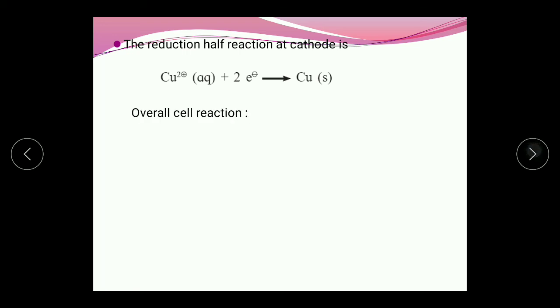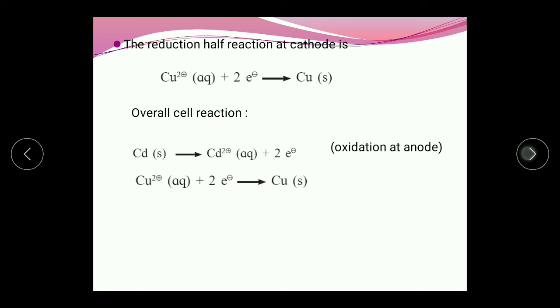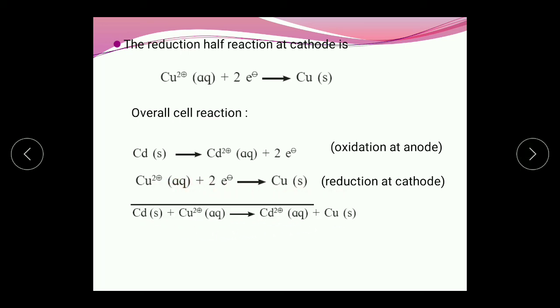So, if we write the overall cell reaction, this is oxidation at the anode, this is reduction at the cathode. If we add both the reactions, what will happen? Cd plus Cu²⁺ will give you Cd²⁺ plus Cu. So, this is your overall cell reaction. No need to multiply by any number because the number of electrons are already balanced.